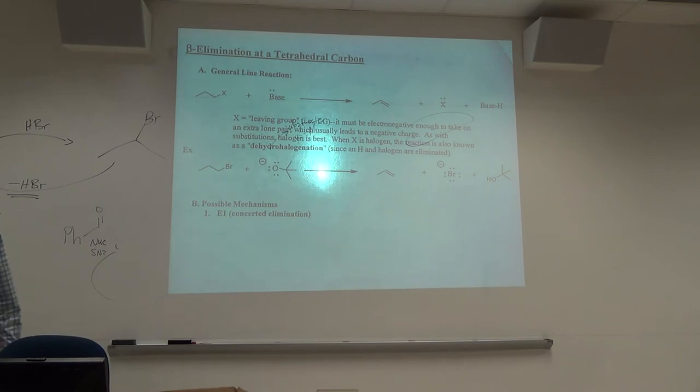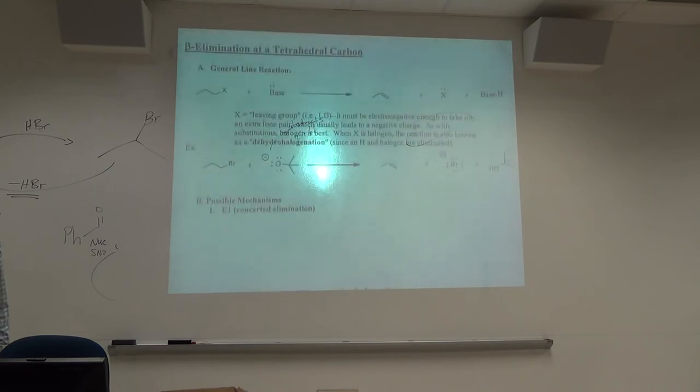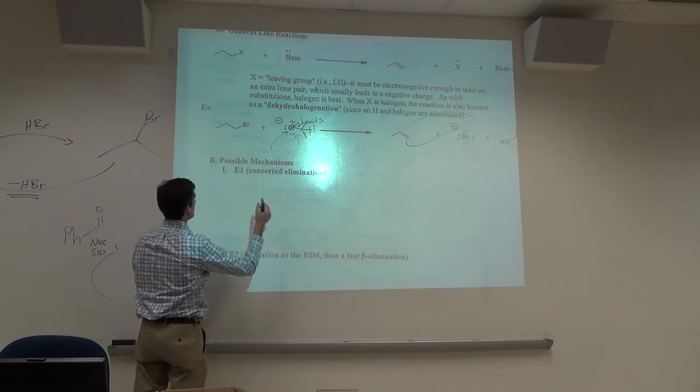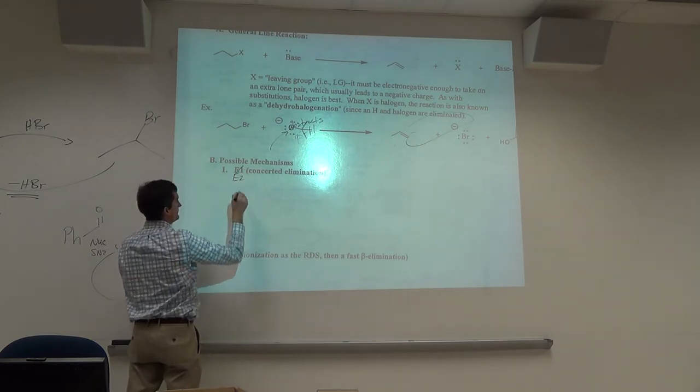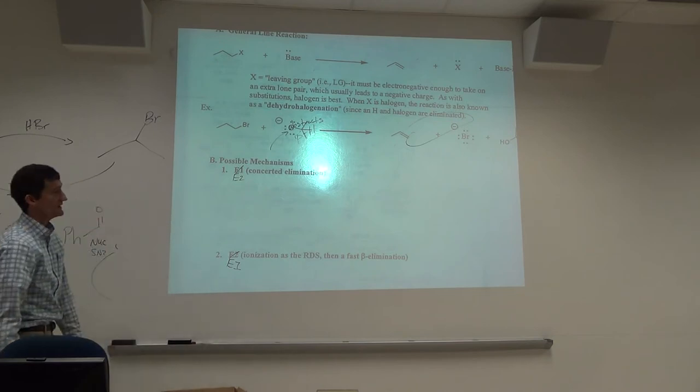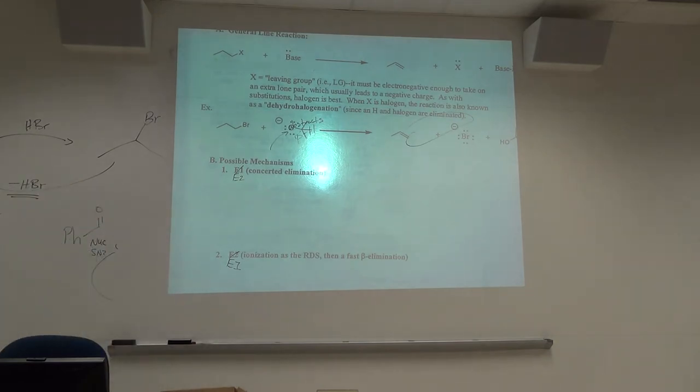I didn't update it last time. I probably updated it, but I didn't print it out. I copied the wrong one. This needs to be changed to E2. And this needs to be E1. Well, E2 is going to be our concerted mechanism, like SN2 is a concerted mechanism.